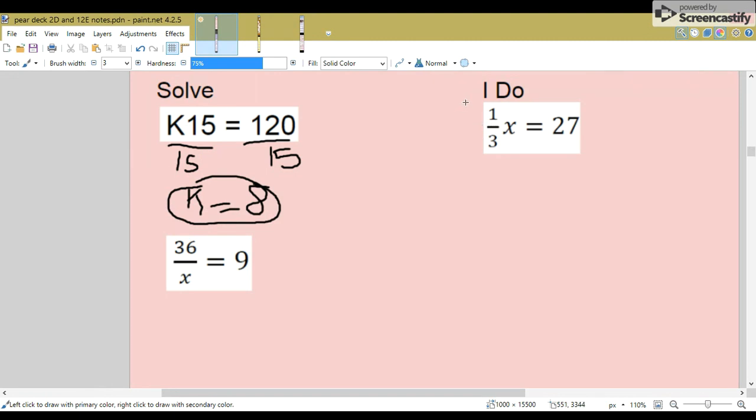To get rid of a fraction, we flip and multiply. The reciprocal times the fraction is 1, so 1x equals 27 divided by 1 is 27. 27 times 3 is 81.